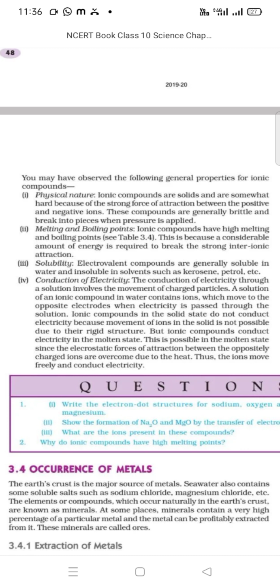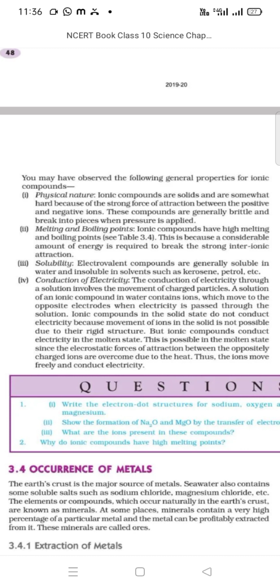When you beat it up, it gets converted into powder. The bonds cannot be broken easily, but the crystals can be broken very easily. You can easily make powder of it. So they are generally brittle and break into pieces when pressure is applied.